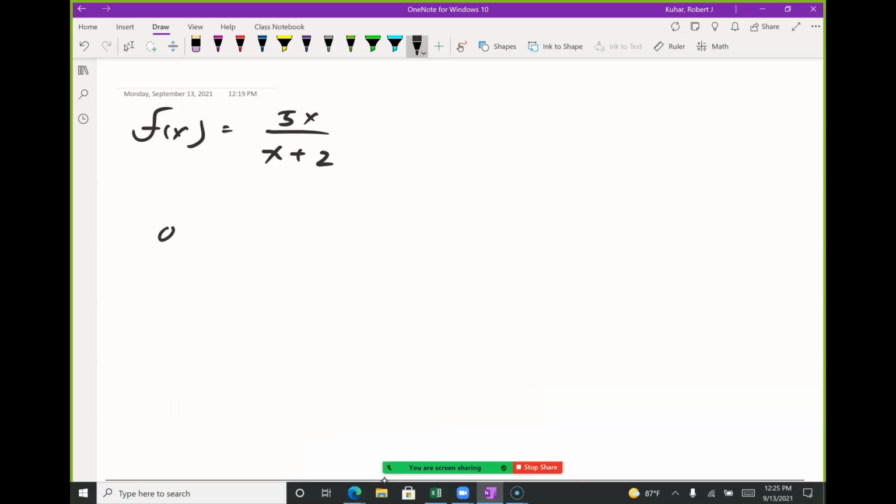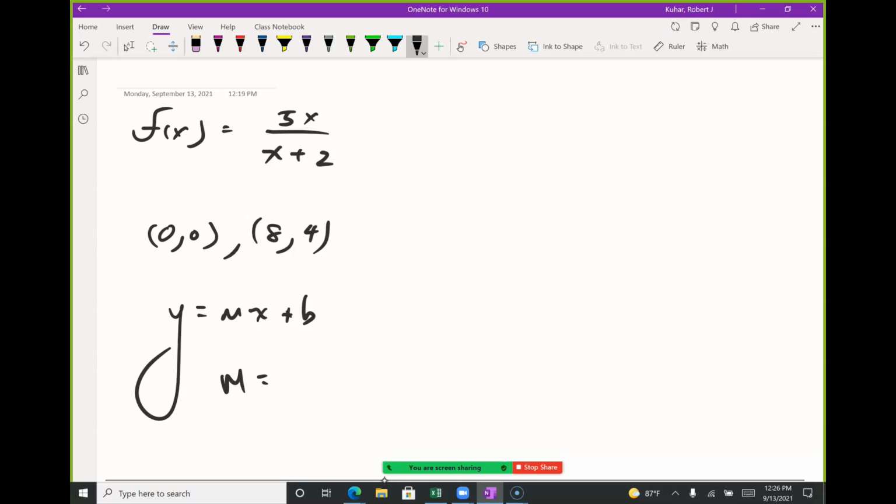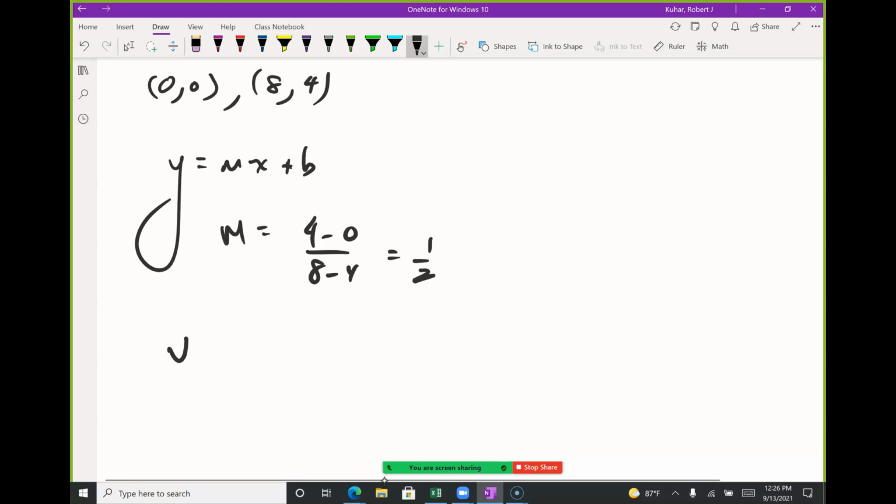And I had gotten to 0, 0 and 8, 4, right? And of course, all I would need is y equals mx plus b to get the equation of the line. I know b is 0, so all I need is the slope. What do I get? 4 minus 0 over 8 minus 0, I get 1/2, correct? So my equation is y equals 1/2 x.